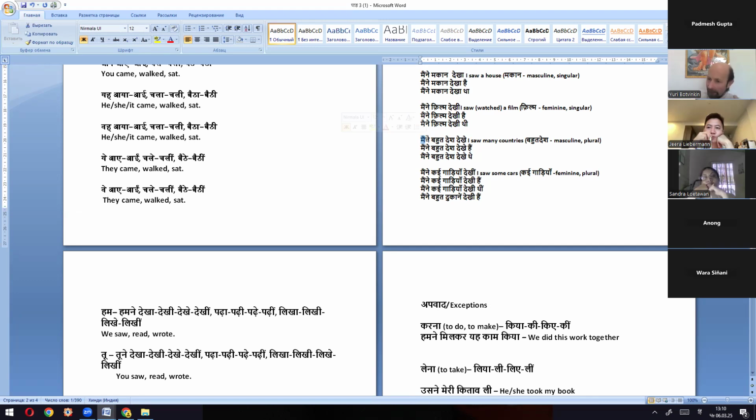What is the indirect form of main? Mujh, mujhe. Mujhe is already with postposition. Mujhe is mujh ko, that's accusative case. But the indirect form of main is mujh. Remember we were saying mujh mein, mujh par, mujh se. But with ne, it does not change this way.